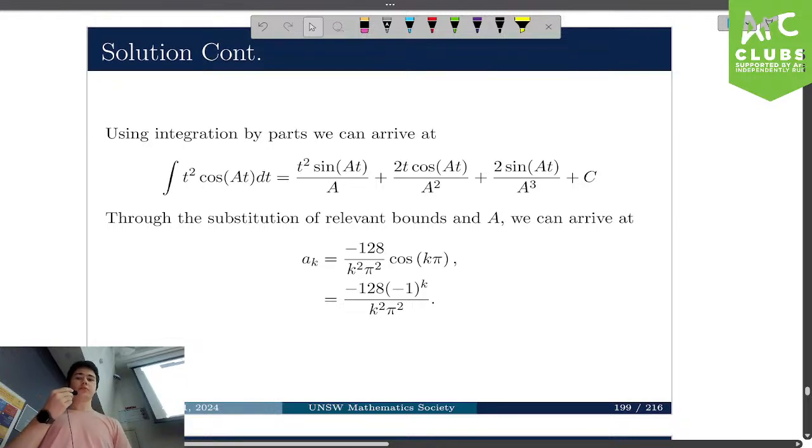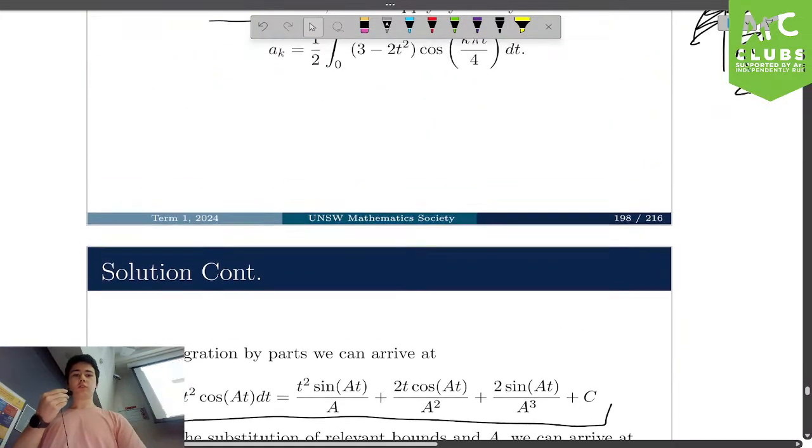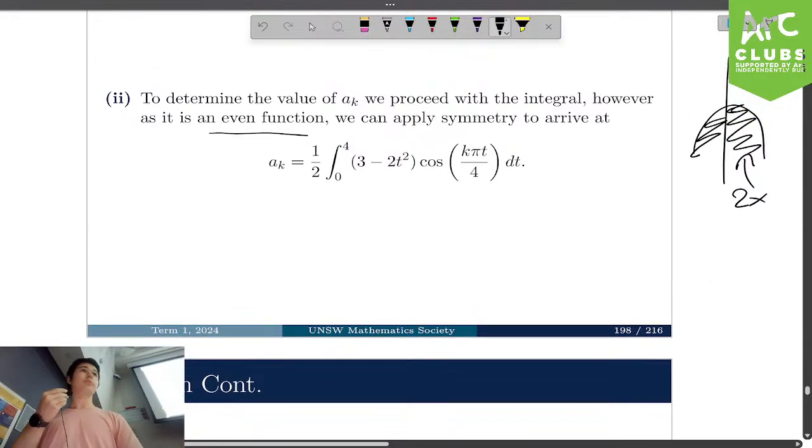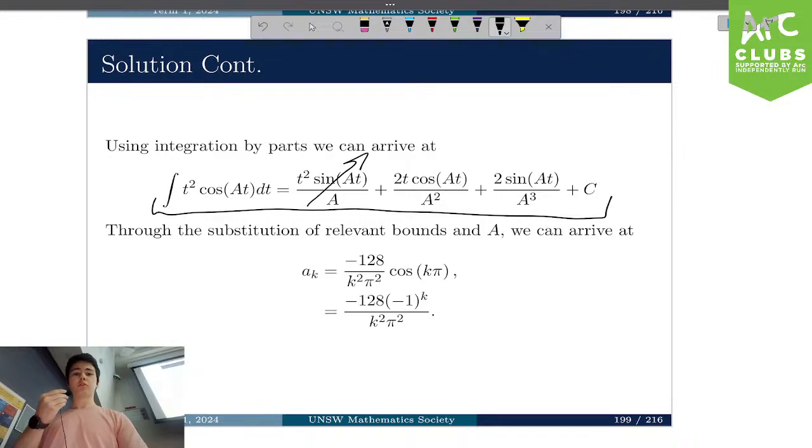Using integration by parts, the hefty thing it is, we can derive some standard result right here, and then just sub in our values. We have A is going to be k pi on 4, and so, quite intuitively, because we're going from 0 to 4, our sinusoidal components both go to 0, and we're left with our cosine value.